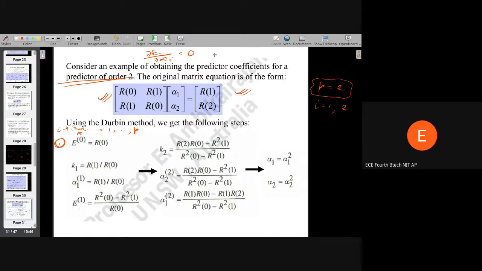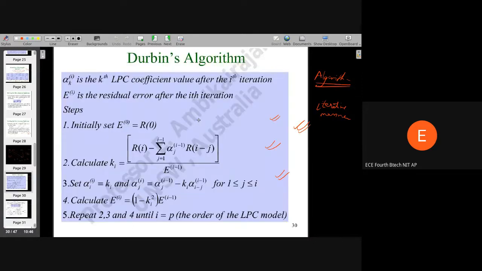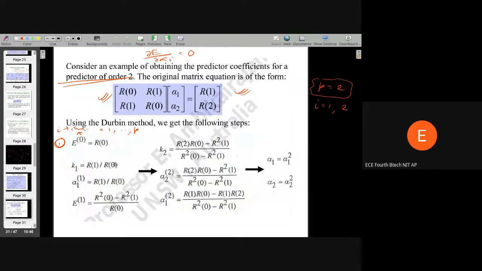First iteration: set E0 equal to R0. R0 is basically the energy of the speech frame. Then for I equal to 1, let's calculate K1.